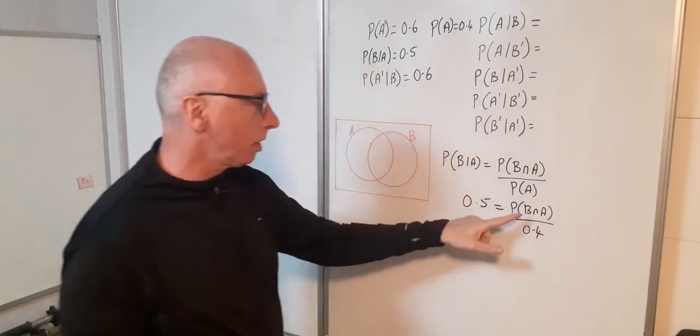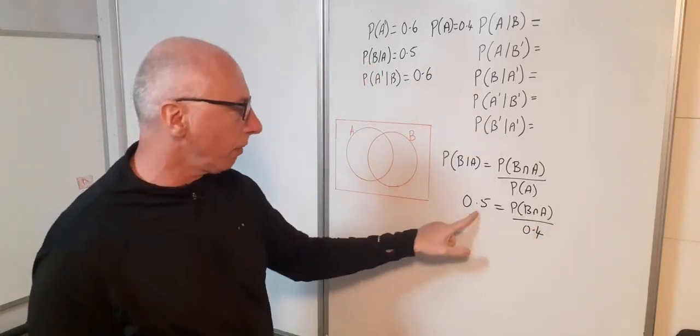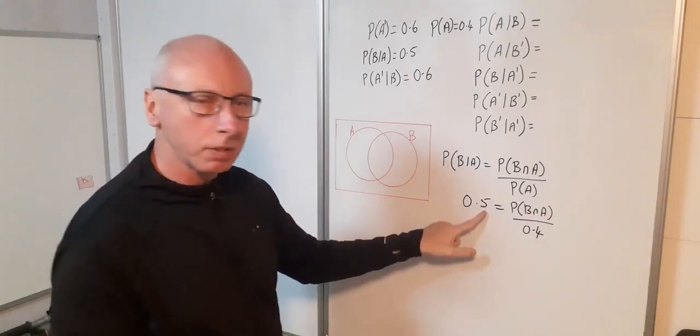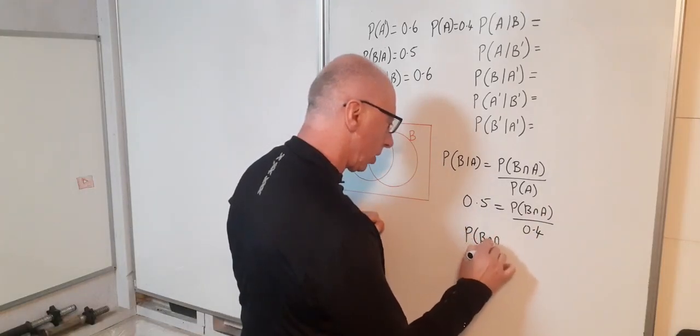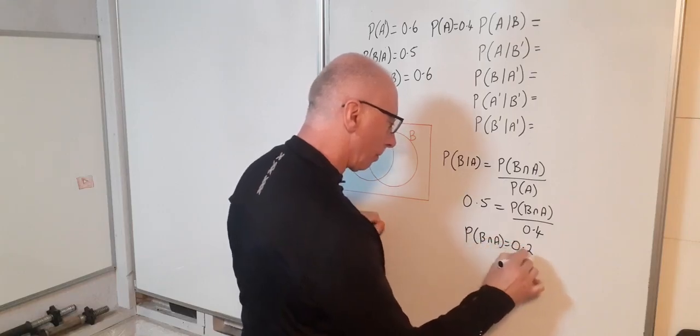So that will give us the probability of B intersection A, 0.5 times 0.4, so that will give us 0.2. So probability of B intersection A is 0.2.